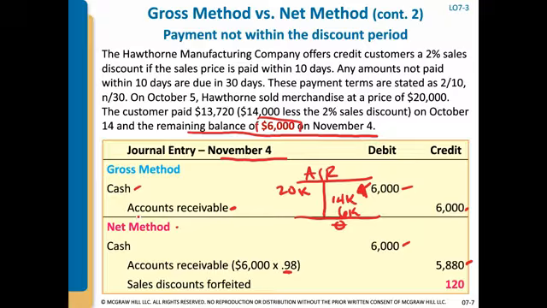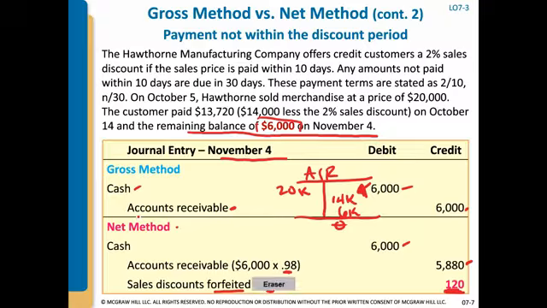And so we're going to have this credit, which is a plug called sales discount forfeited. And that also goes against your, well, not against your sales, but it's a sales account, although not part of your regular sales. And it's a sales account because we received more income, right, than we were expecting.